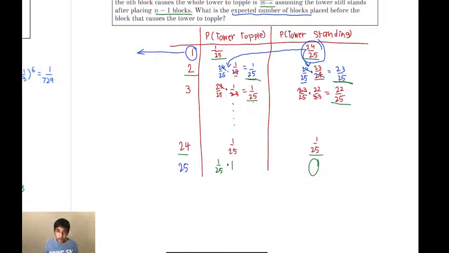Since it will topple on the first block with probability 1 over 25, the probability of 0 blocks being placed is 1 over 25, because if the first block causes the tower to topple, 0 blocks are placed before the block that causes the tower to topple.